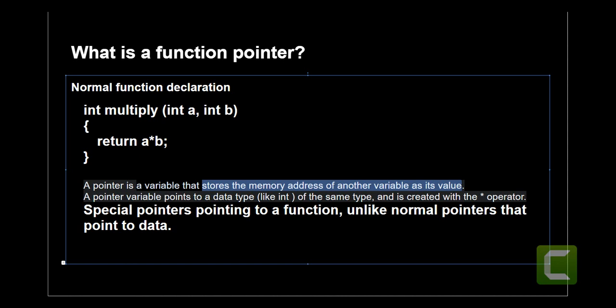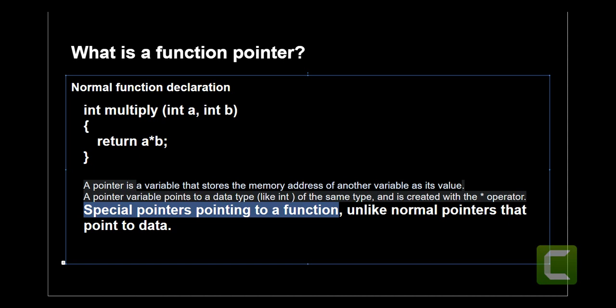So now that we know what a function is and what a pointer is, now what is a function pointer? A function pointer is just a special pointer which will point to a function. It's that simple. So instead of pointing to another variable which will have a value or the specific data that it stores, a function pointer points to a function, which is different from the normal pointers, which are pointing to data or value.